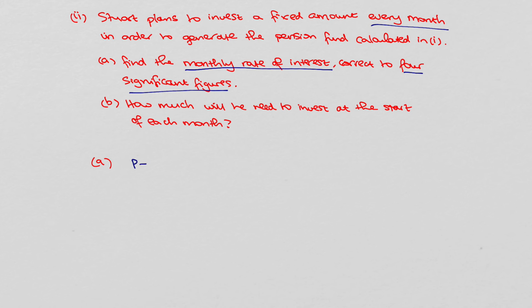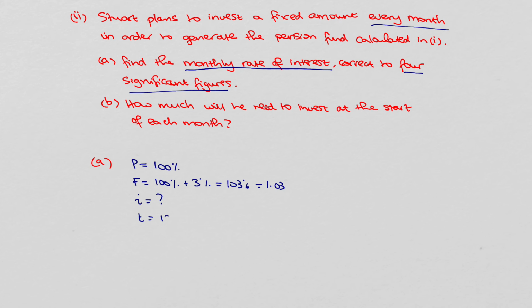So we always take P to be 100% when we're changing our rate. F is 100% plus the 3%, which is 103%, in other words 1.03. And therefore i is what we're looking for, and the time is monthly.